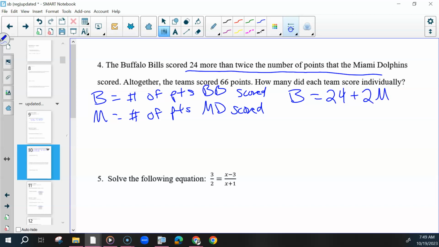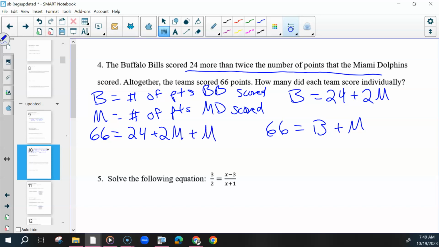We know altogether the teams scored 66 points, so if I were to add the 2 together, I would get 66. And then I'm going to take this equation for B and put it in, so that I put my B equation in, and I also have my M. And now I can start to solve.